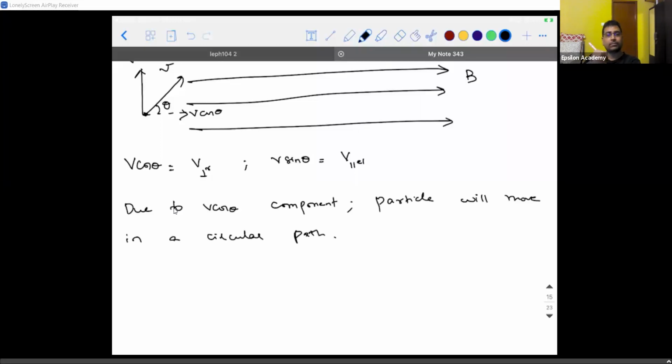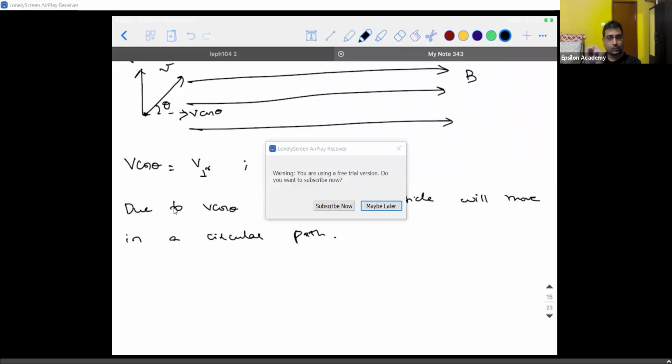Why is the particle going to move in a circular path due to the v cos theta component?